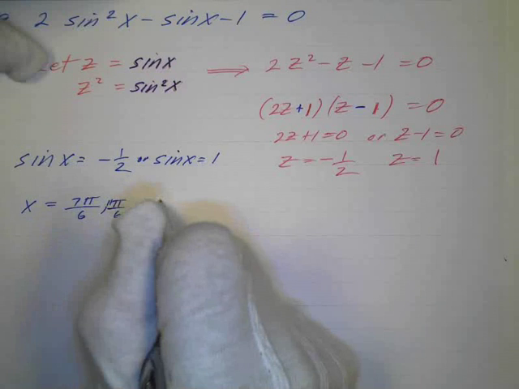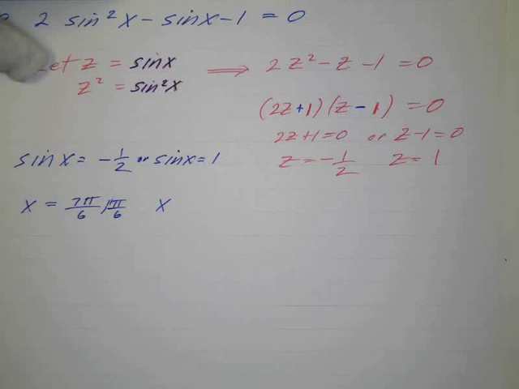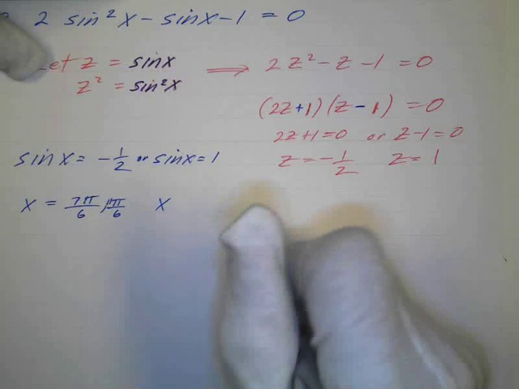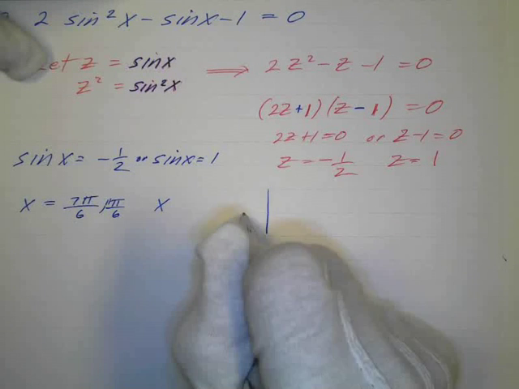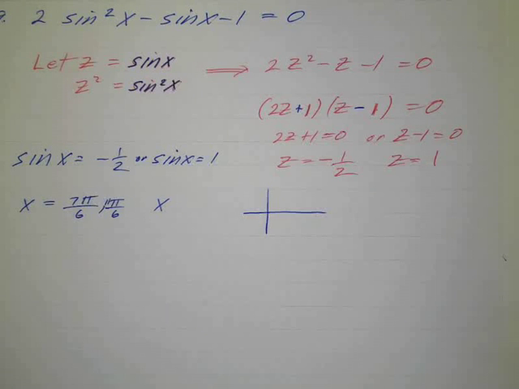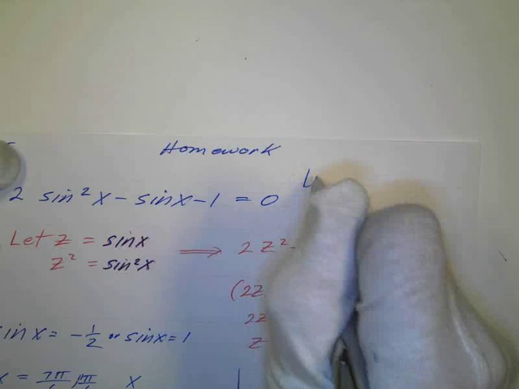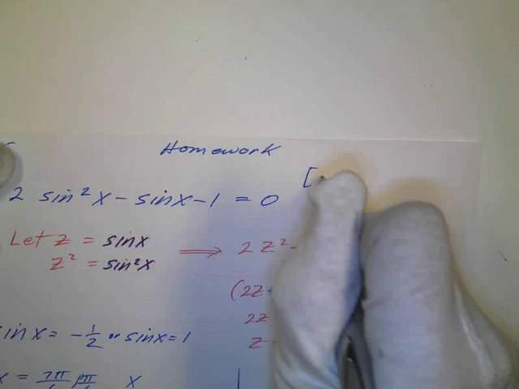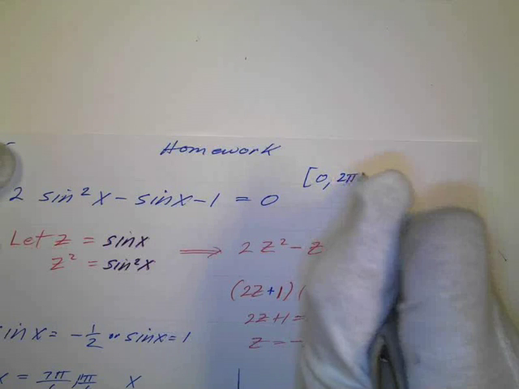And when's the sine of x going to be equal to 1? Well, if you remember your sine curve, it goes something like this. These are all on the domain, so we should stipulate that up here: these are on the domain from 0 to 2 pi, open at 2 pi.